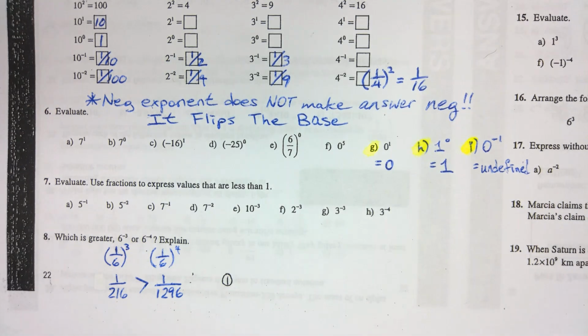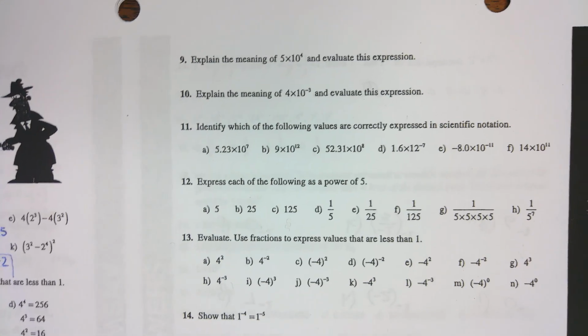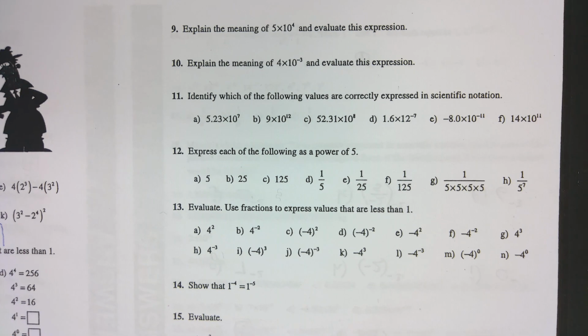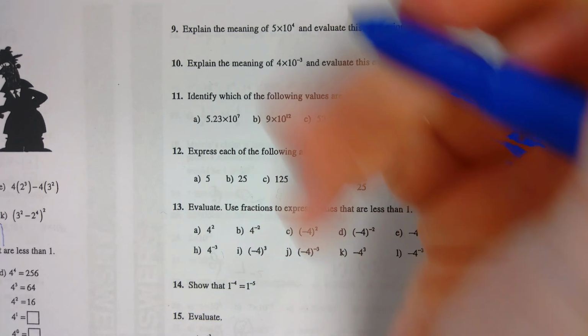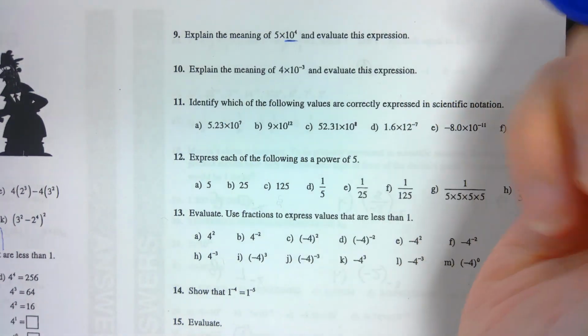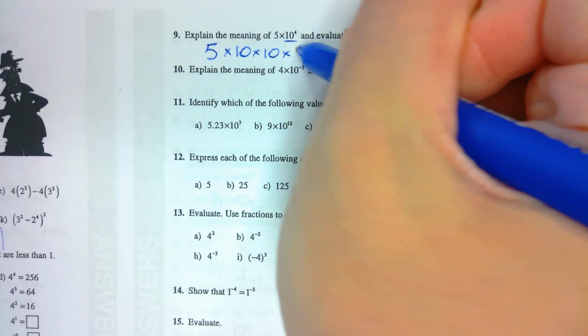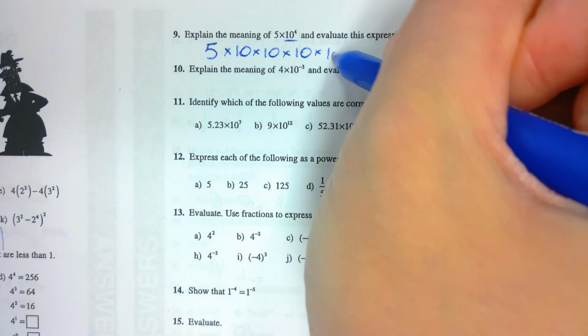Okay, so now that we understand exponents, we can get into scientific notation. For scientific notation, what is your base? Yep, 10. So for proper scientific notation, your base is always 10. So if I were to write this out, it's 5 times 10 times 10 times 10 times 10.